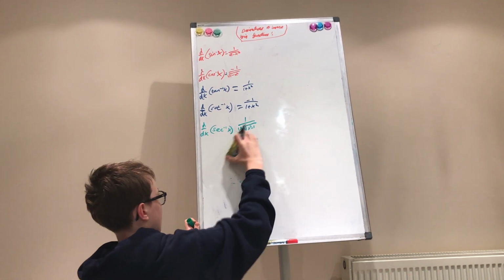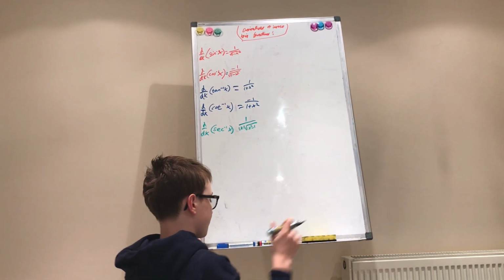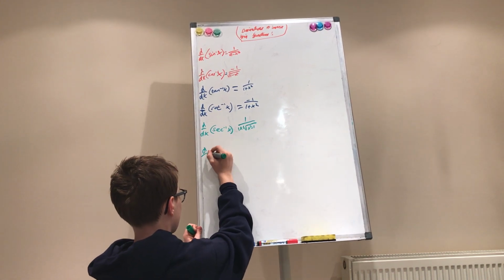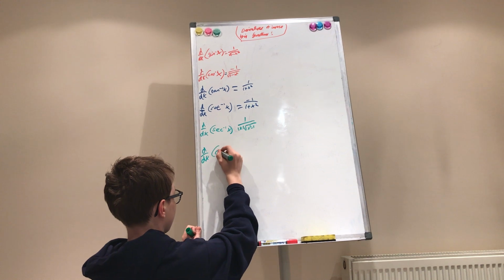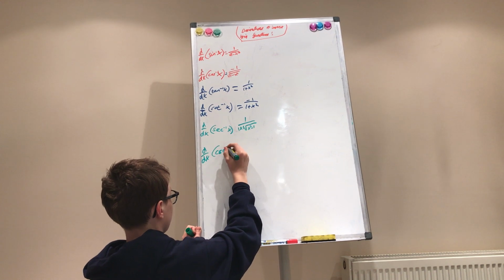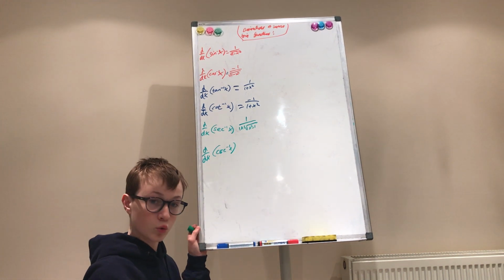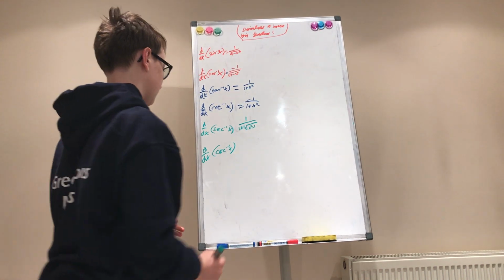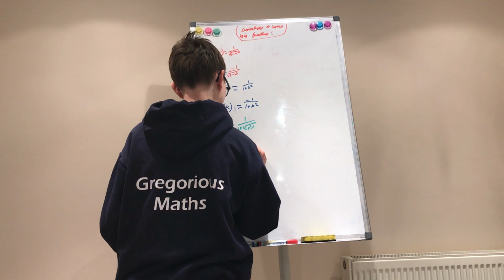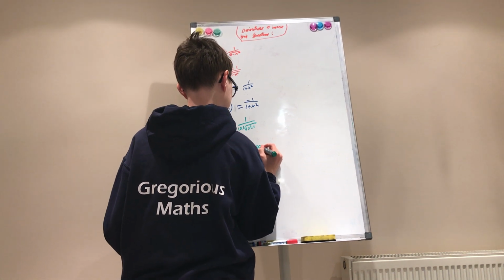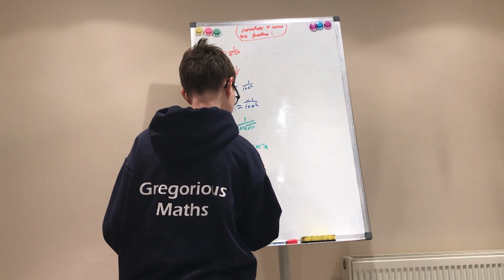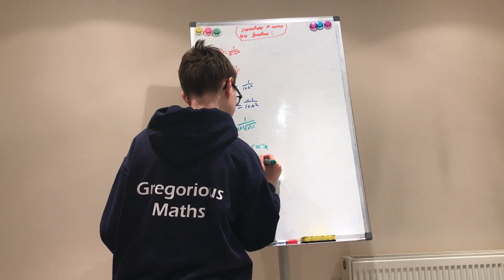Yeah, okay. And now the last one for today is the derivative of inverse cosecant x. Interesting. So if we let y equal inverse cosecant x, that means cosecant y equals x.